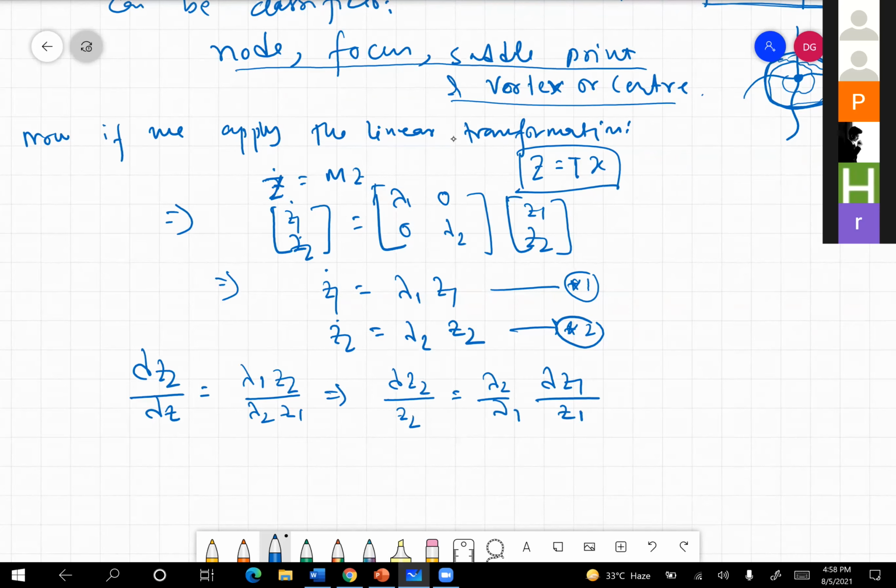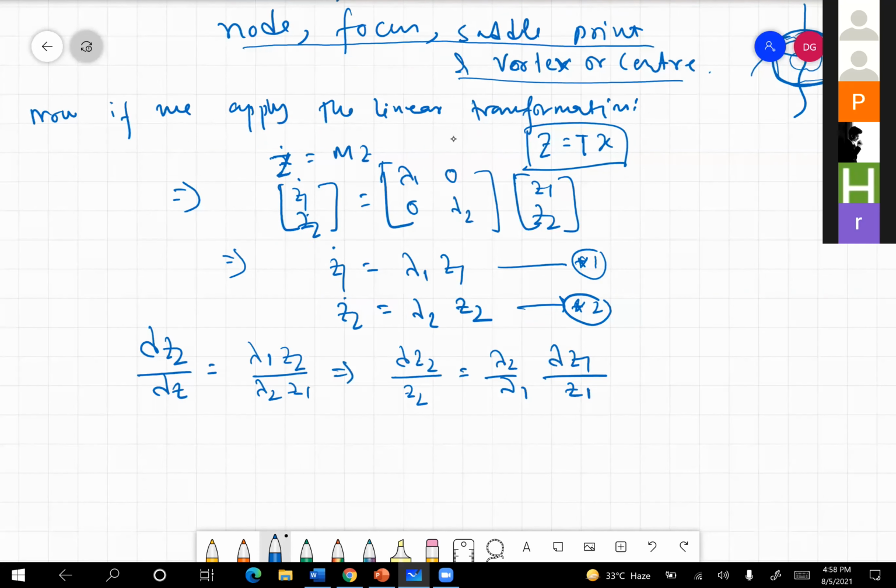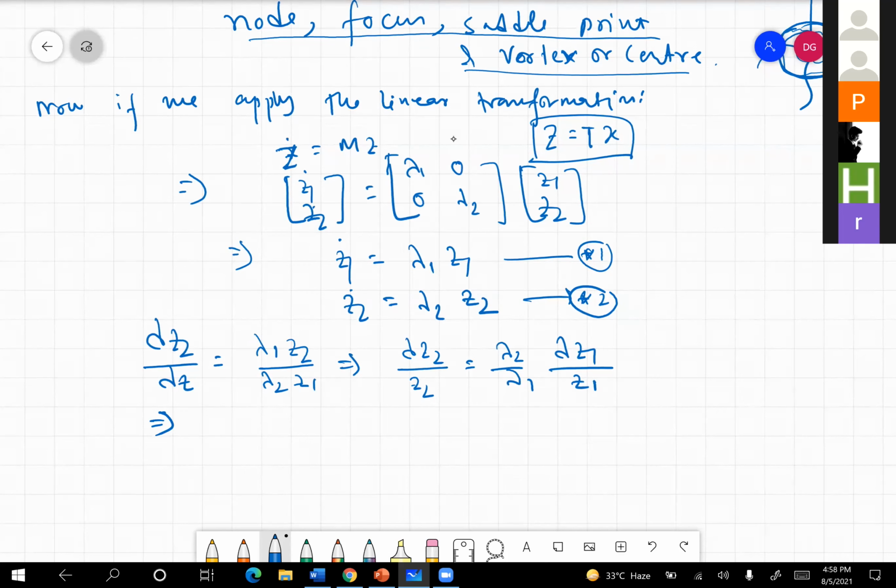So if I integrate, natural logarithm of z2 equal to lambda 2 by lambda 1 times natural logarithm of z1.